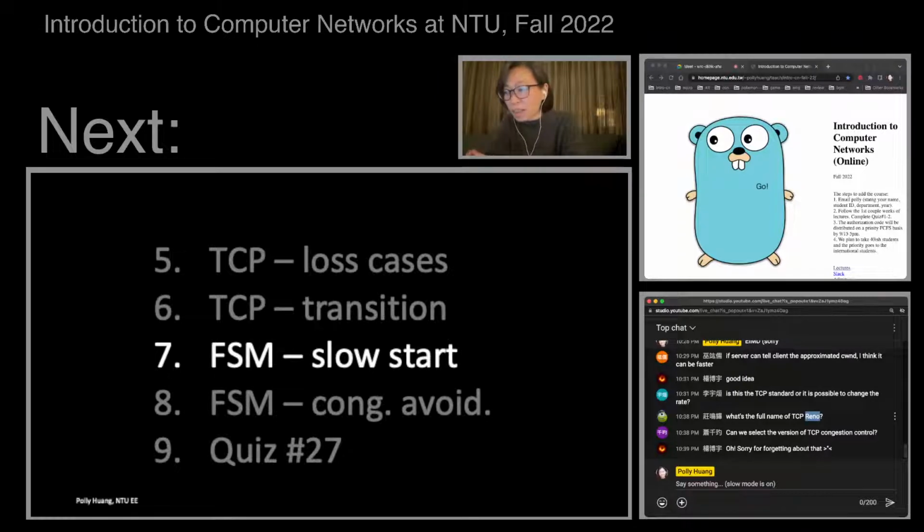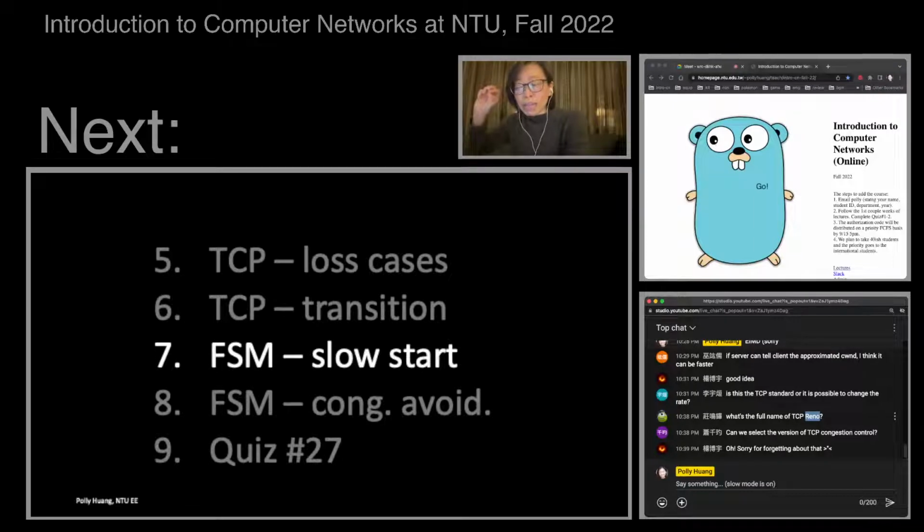And TCP Tahoe will always go exponential, then linear. Whenever there's a loss, no matter what kind of loss, it will always go down to slow start. So you see that it's very conservative. And Reno is a little bit less conservative, right? It will judge depending on the type of packet loss.